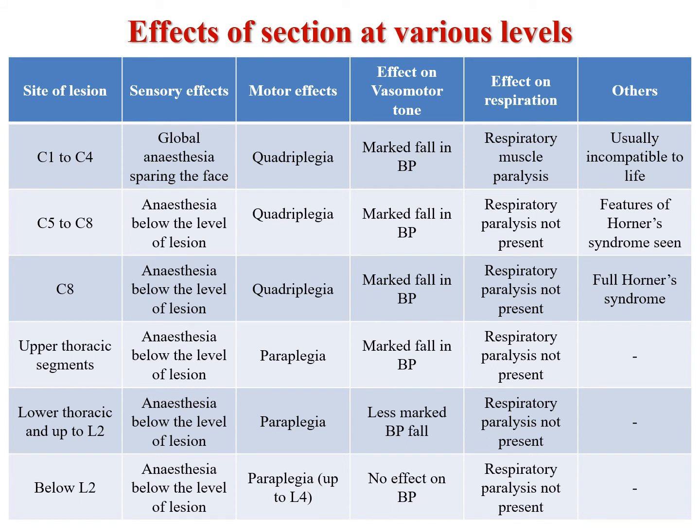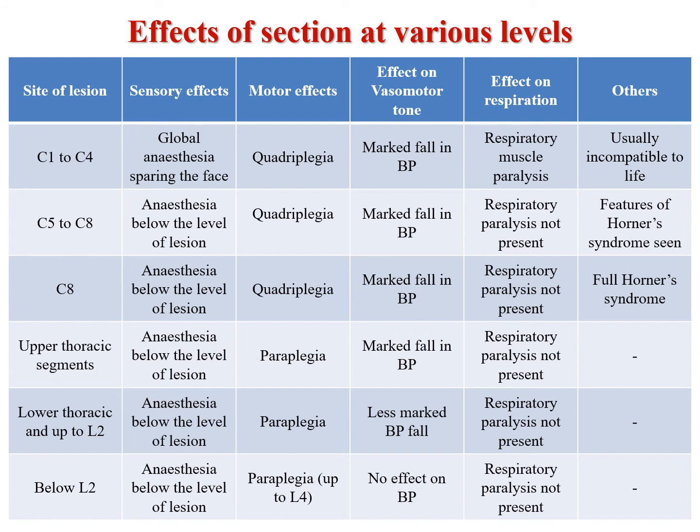While if the lesion is below the level of T6 but up to the second lumbar, meaning the lower part of the sympathetic outflow, there will be a fall in blood pressure, but it won't be that marked because the cardiac plexuses and large arteries will be spared. While if there is a lesion below the level of the second lumbar, there will be no effect on the vasomotor tone and no fall in blood pressure.